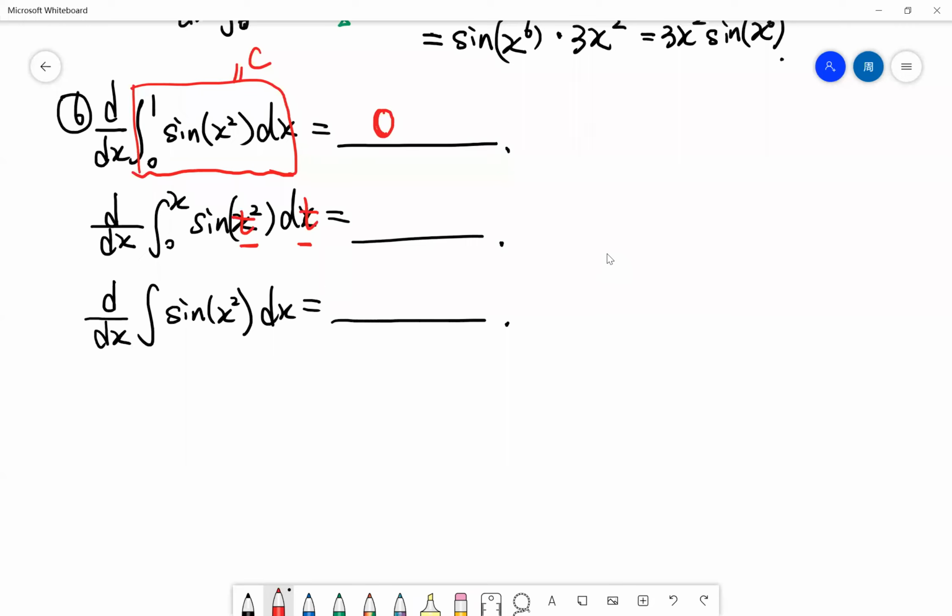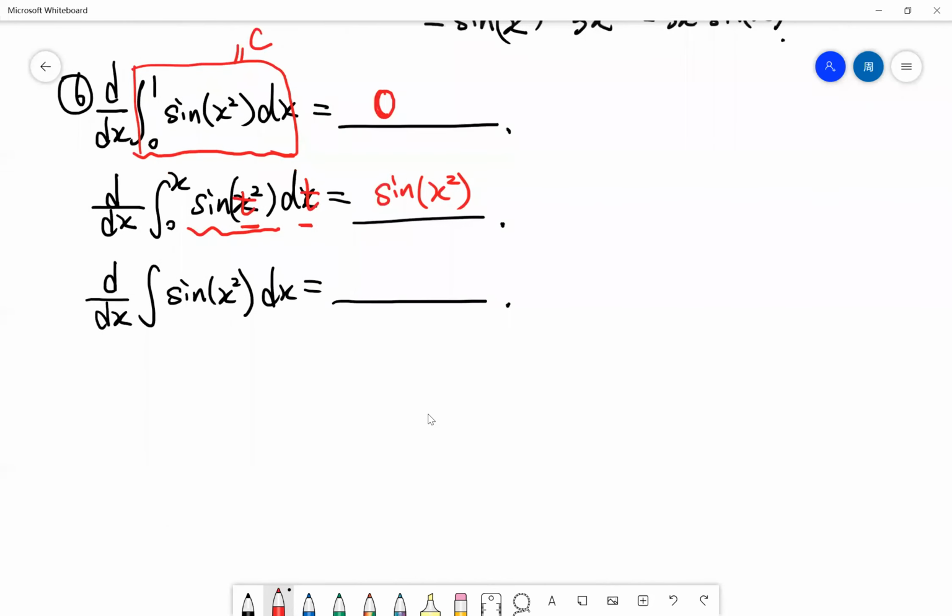So here you should know that we can use the first formula. We just find the integrand first and then replace t by x. So the integrand here is sine t squared. So we replace t with x, that is sine x squared, right? So this is the result of the second one. And the last one.